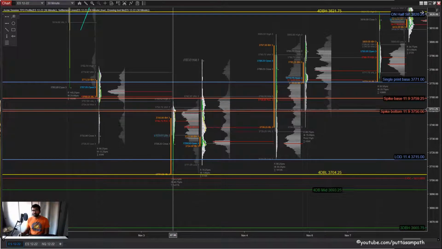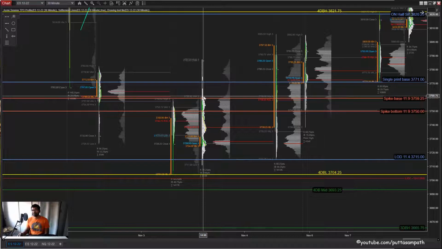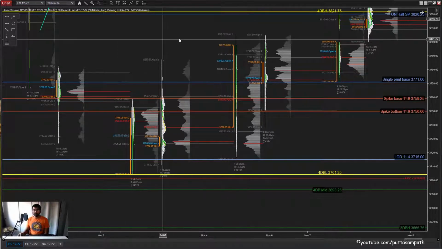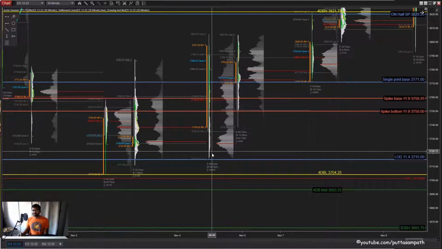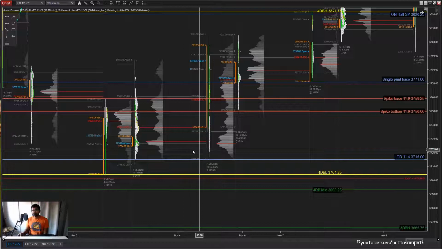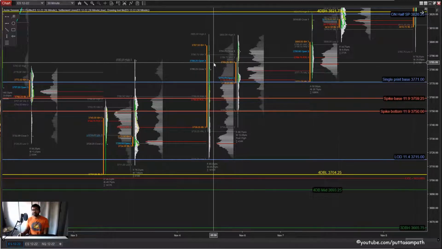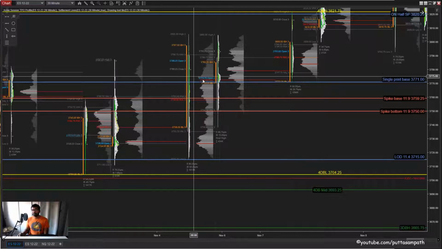When you have a P profile and the high of the P profile breaks, you would get a squeeze, a short squeeze we call it in the market profile view. So we had a short squeeze, we retested the overnight low, essentially a counter auction, and then bounced again and closed near where we opened on Monday.